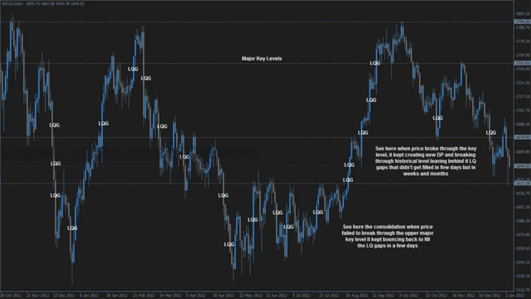On the other hand, you can notice larger high momentum candles getting filled the same day or next day, but this happens when price fails to break through a major or key level, and this is when pro-money are accumulating or distributing.